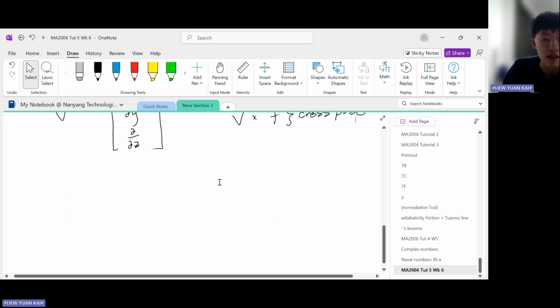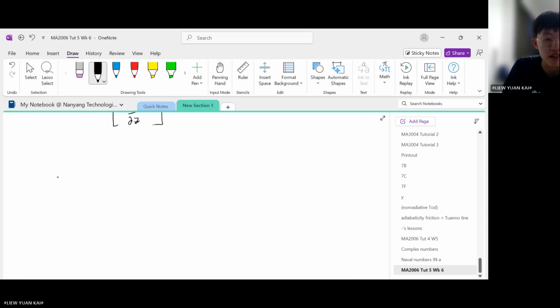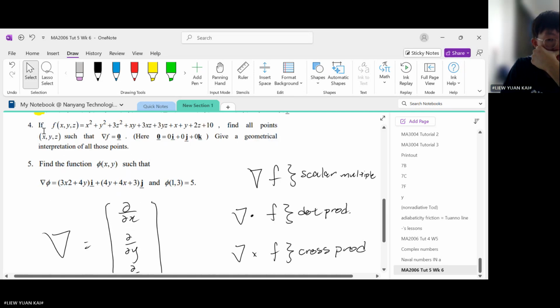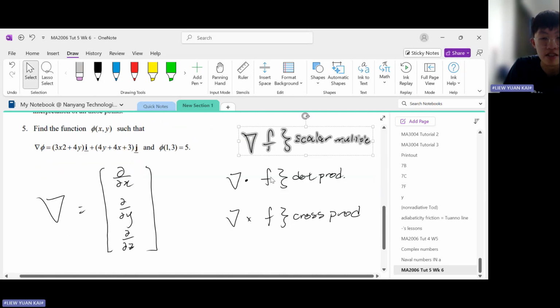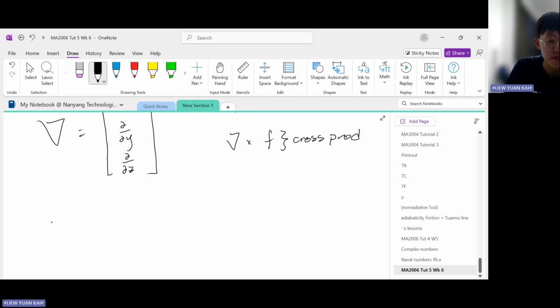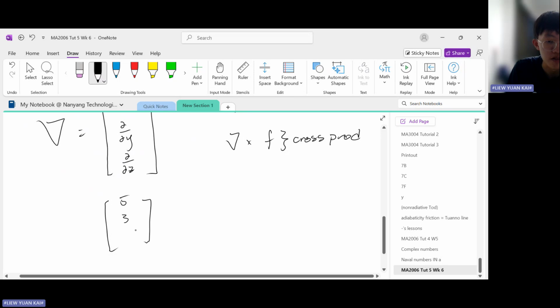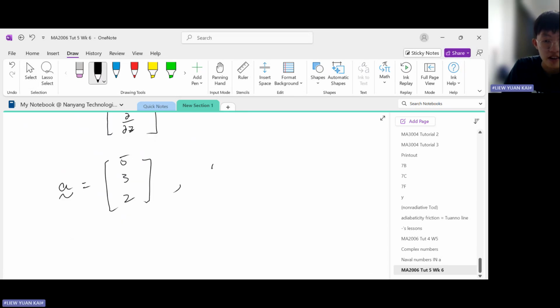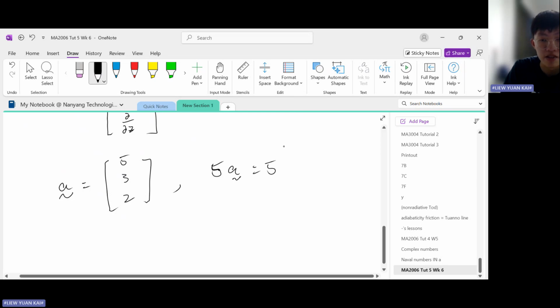Okay. Let's discuss scalar multiple first. Forget about Nabla first. Suppose I give you a vector 5, 3, 2. If I want to scalar multiply this, let's call this vector A. If I want 5 times A, what I will do is just say 5 and then just substitute it here. 3, 2, like that.